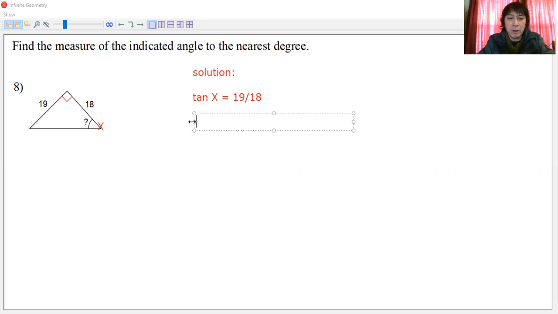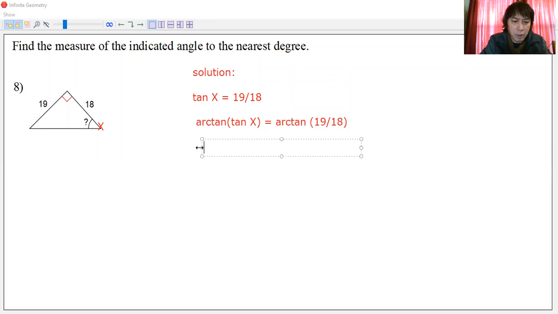And then taking arc tangent of both sides, this will be equal to arc tangent of the ratio 19 to 18. And so our angle x will be arc tangent of the ratio 19 to 18.